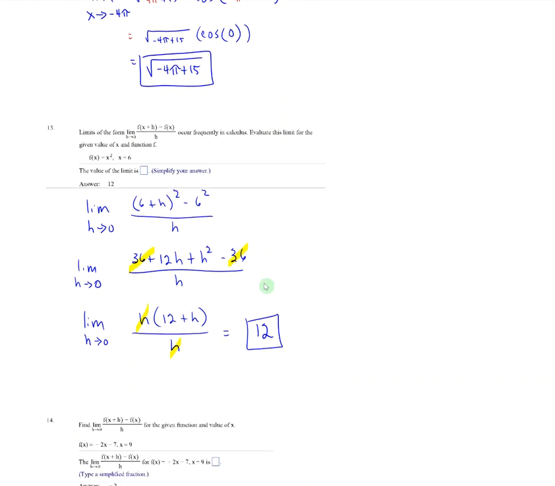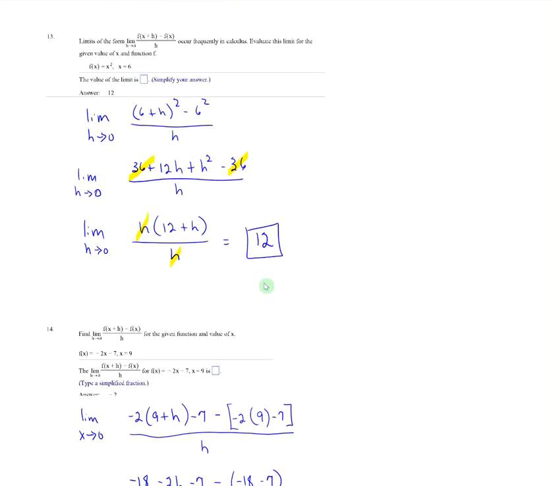13 and 14, we are using that form that we saw in 2.1. Limits of this form occur frequently in calculus. Estimate or evaluate this for the given value of x and the function of x. So the function, the f of x, this piece here is x squared.